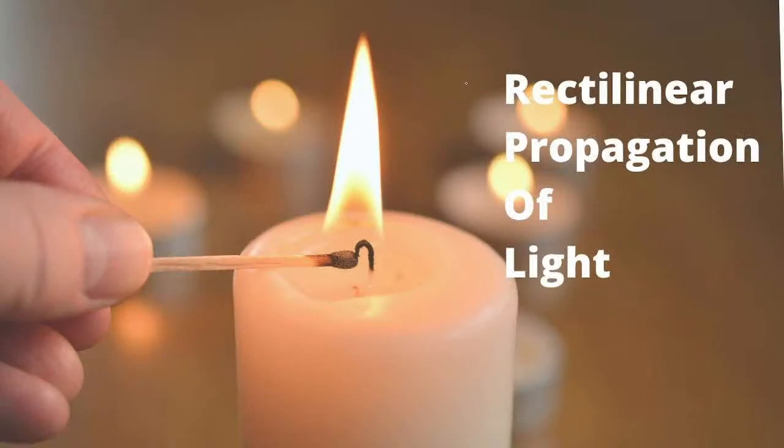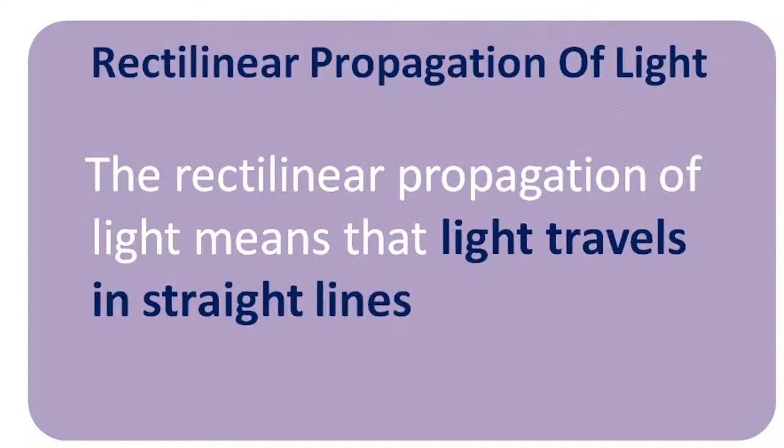Let us try to understand rectilinear propagation of light. What do you mean by this term? Let me explain the meaning of the word. Rect means straight. Linear means line.